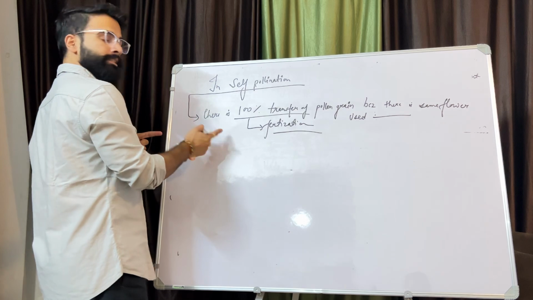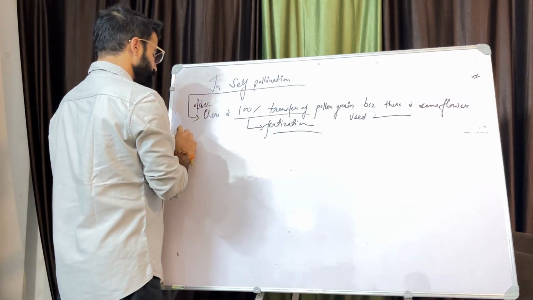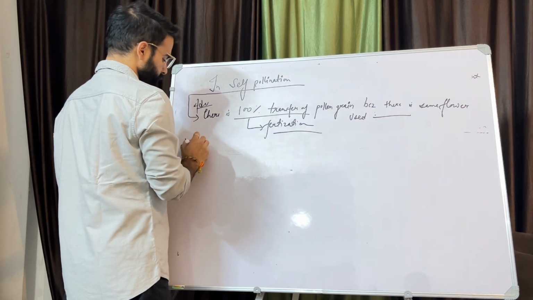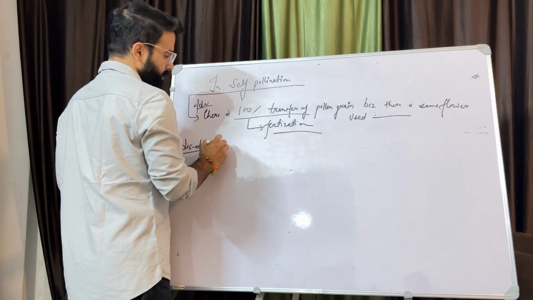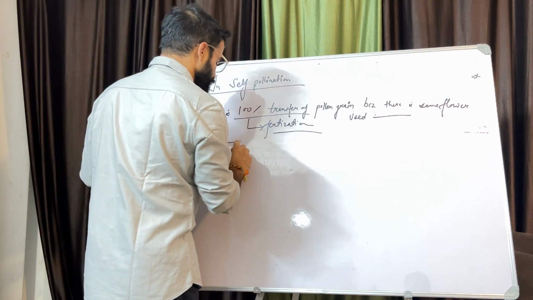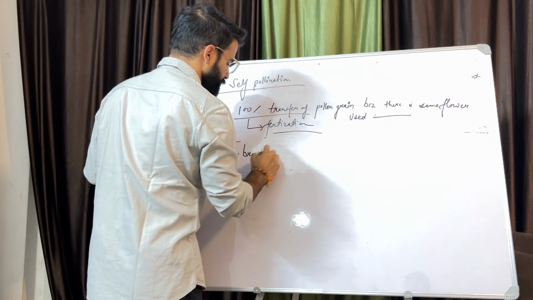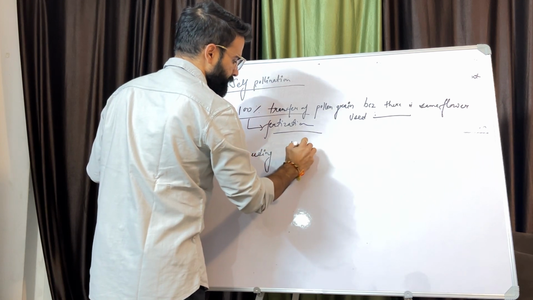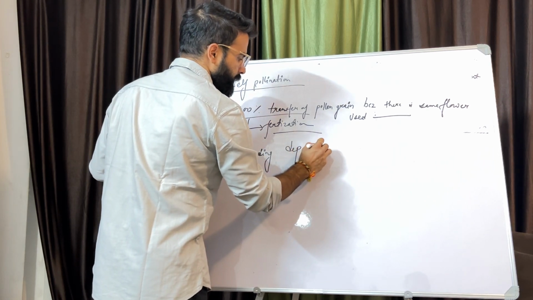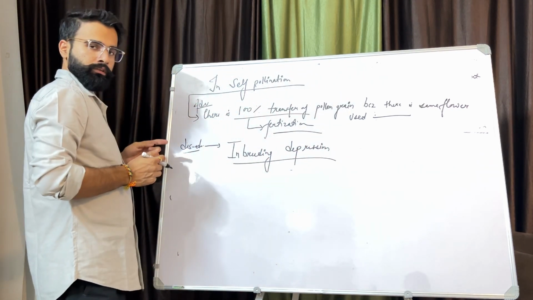This is the advantage. And one disadvantage is that self pollination leads to inbreeding depression.